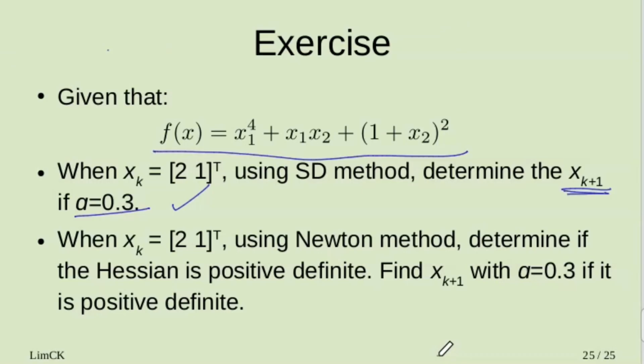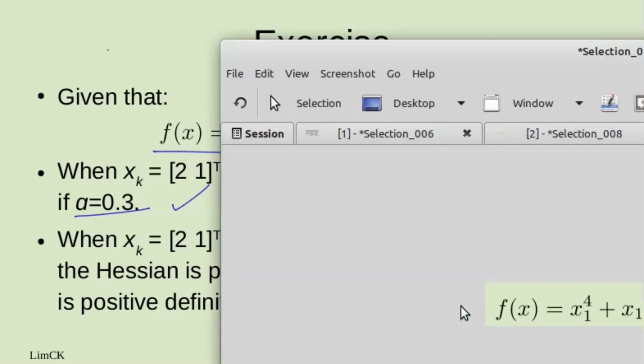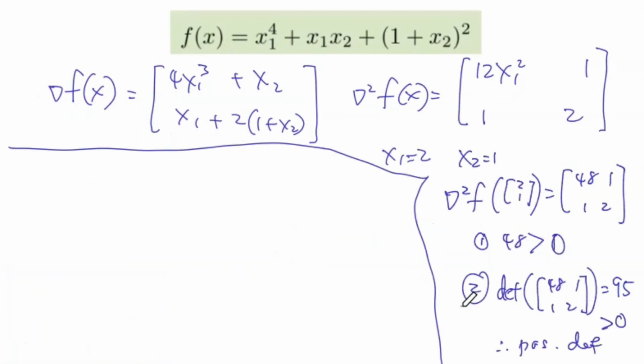Now we want to find the next point. For the Newton method, the next point sk plus 1 is equal to sk plus alpha pk: the step length times the direction, added to the current point, gives you the next point.